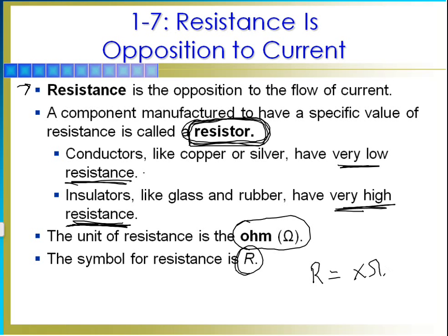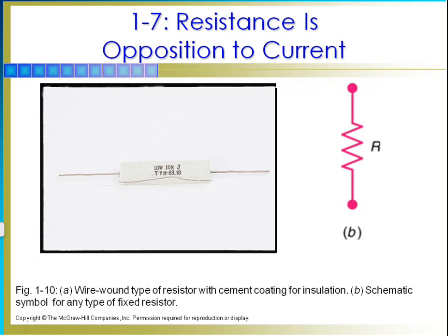Your B here is your schematic symbol for a resistor, where your A here is actually a power resistor. This is a wire wound resistor in a cement case. It is meant to work with very high power ratings. This one is a 10-watt resistor.